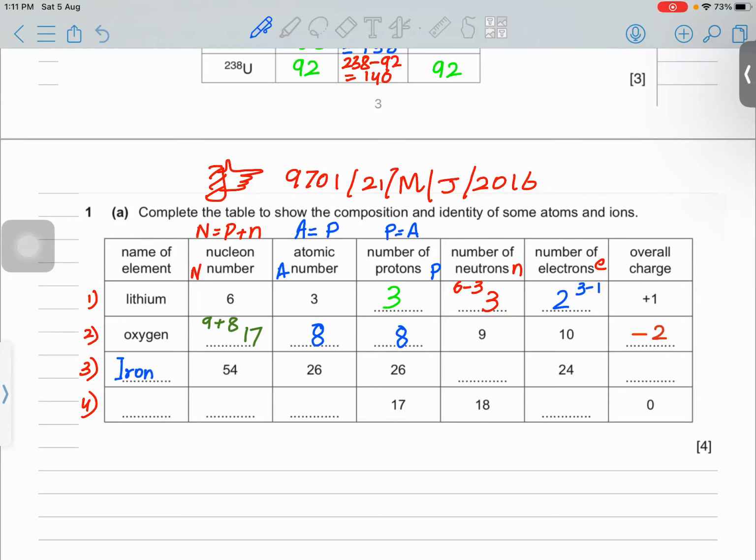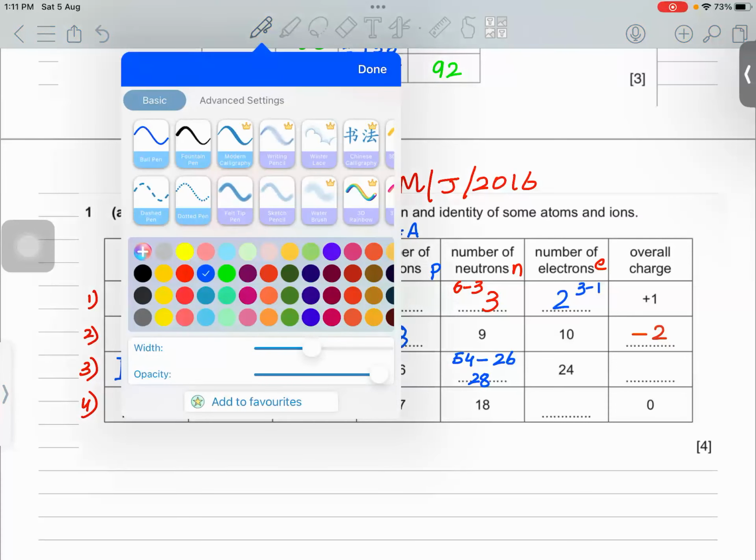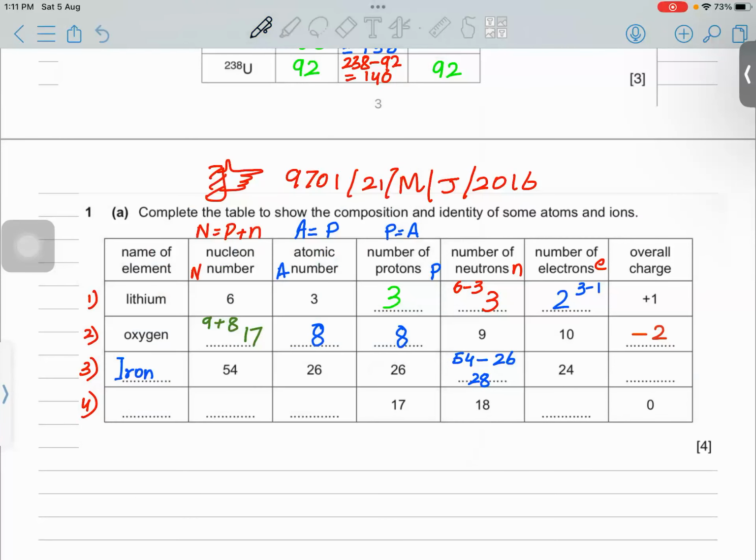Very good. Why? Because 54 minus 26 is 28. Correct. And then the overall charge is plus 2. Both are correct. Why plus?